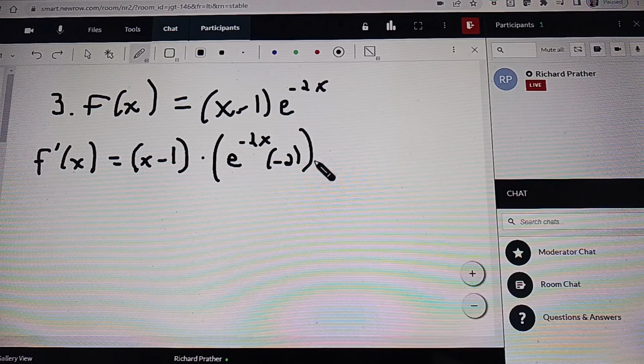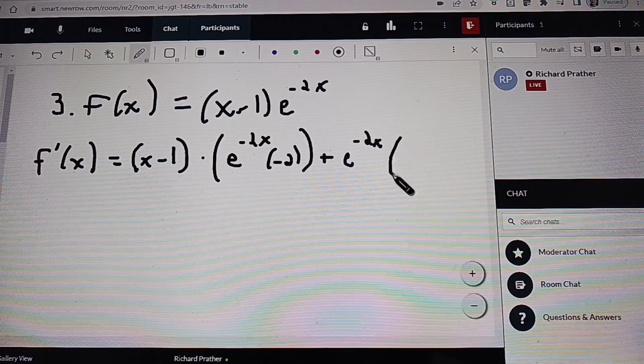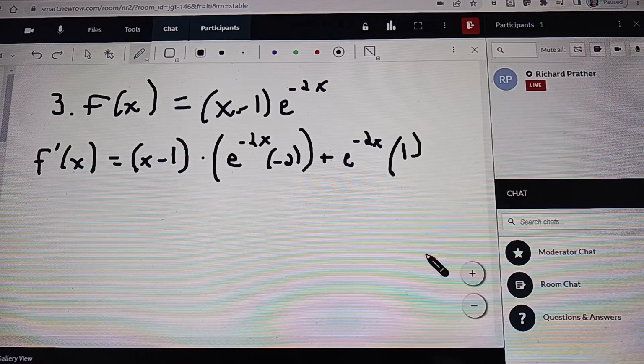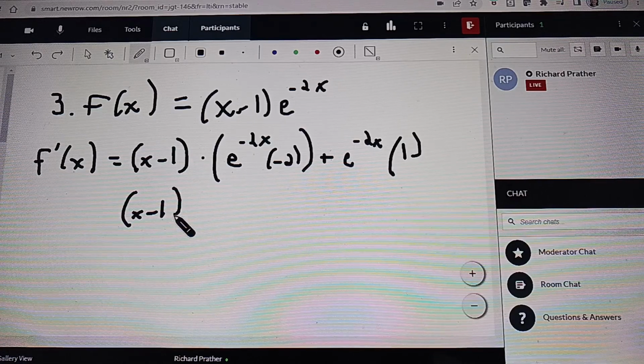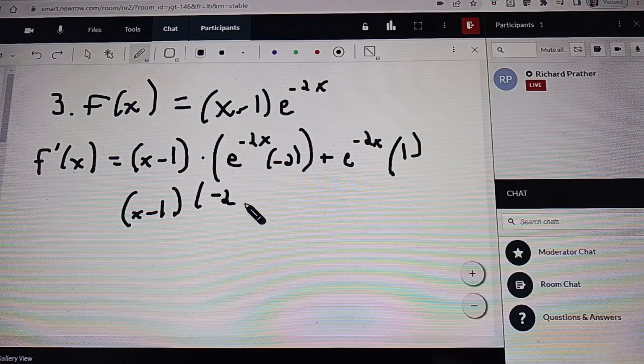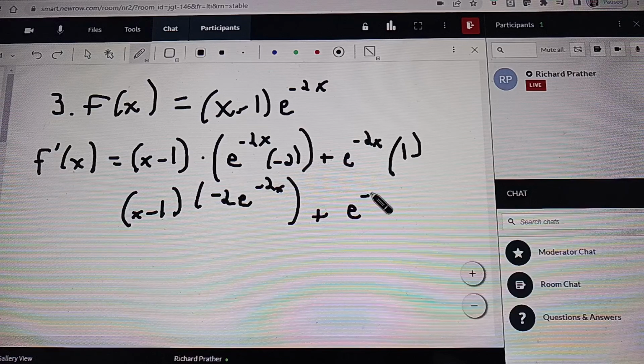Plus the second times the derivative of the first. The derivative of the first is linear, so it's just a 1 slope in front, so the derivative of the first is 1. So I've got x minus 1 times, I can put this -2 in front, plus, here it is again.